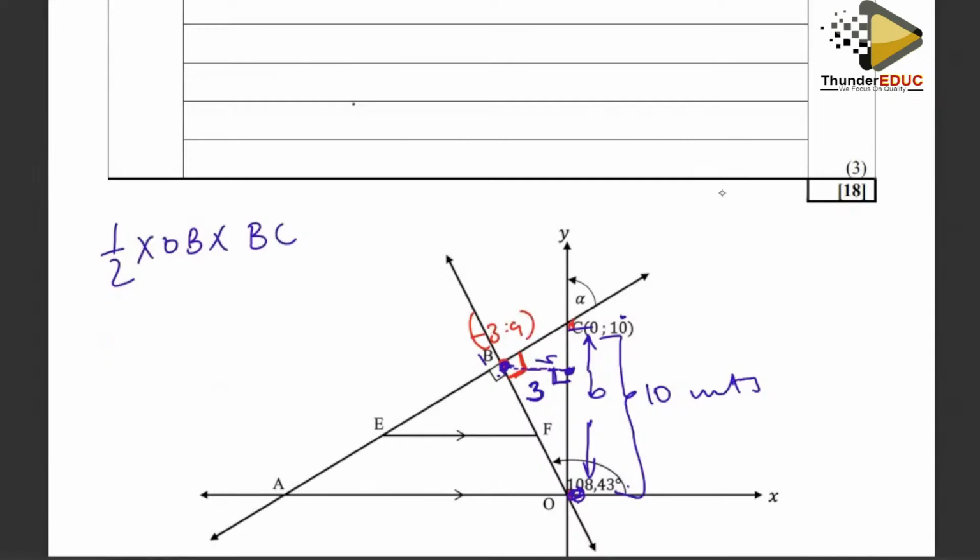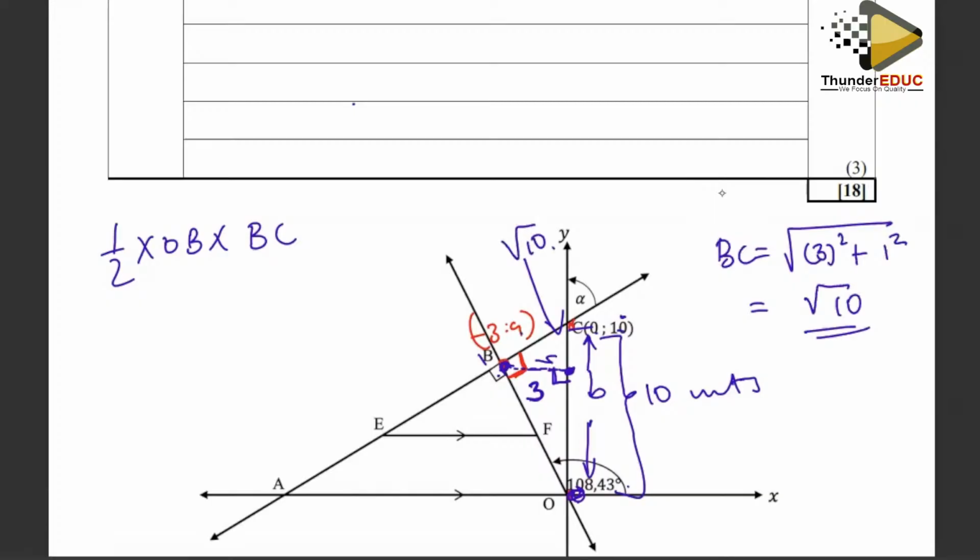The only thing that is missing is the distance of BC. So for us to get BC, 0 minus minus 3 is going to be 3 squared plus 10 minus 9 is going to be 1 squared. So that is 3 squared, which is 9, plus 1, which is root of 10. Okay, so that is a root of 10.